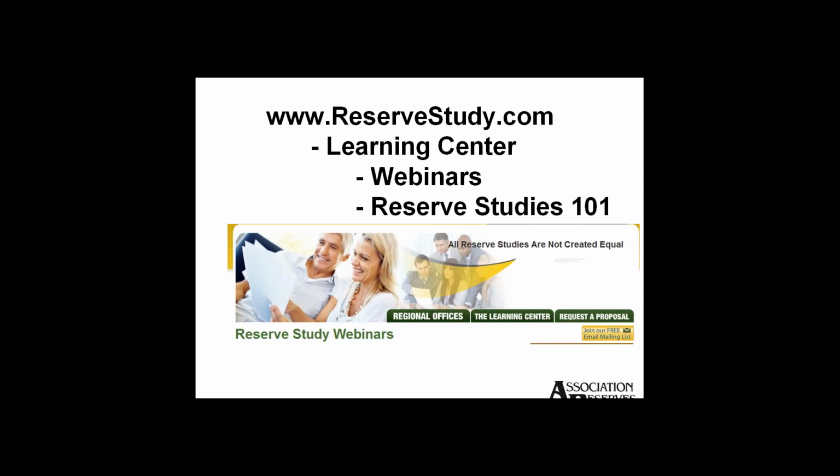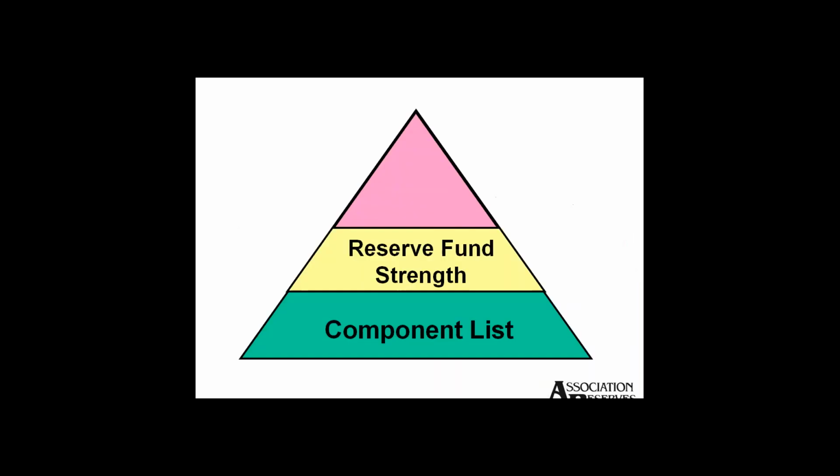In case you missed it, we've got a recorded version of the Reserve Studies 101 webinar on our website. To see it, you can go to reservestudy.com, select our Learning Center, then the Webinars icon, and there you'll find and be able to watch the Reserve Studies 101 webinar and print out and read the outline.